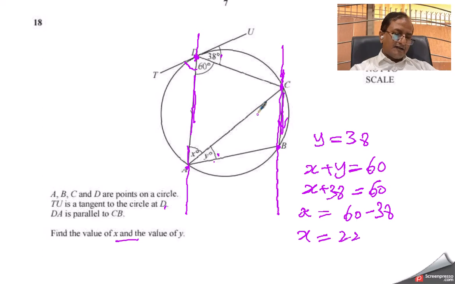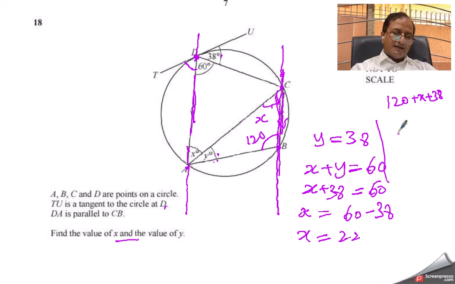Now these two lines are parallel lines, and this one is the transversal. This is x, this is 38, and it becomes, for example, 120. Let me check, sorry. Okay, for example, we have 120 plus x plus 38.